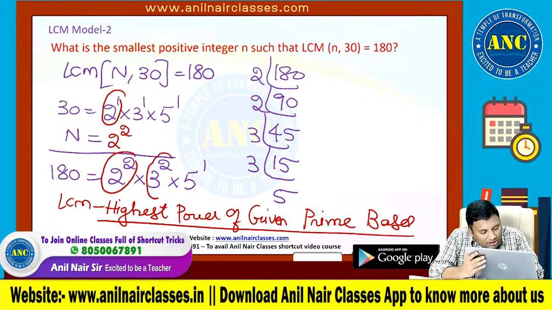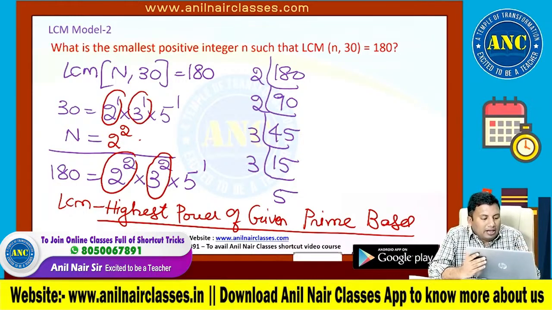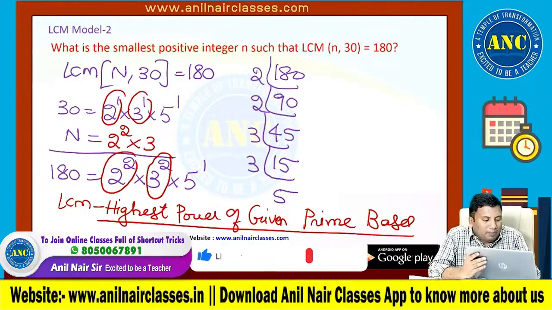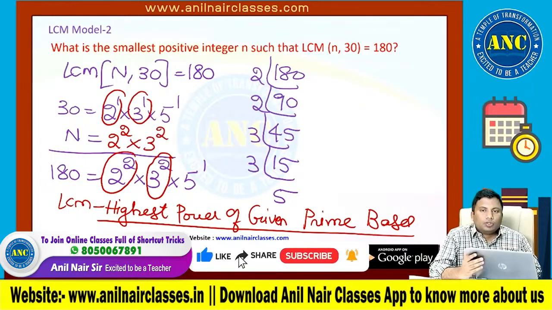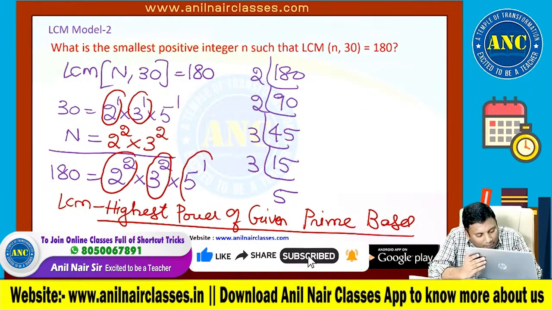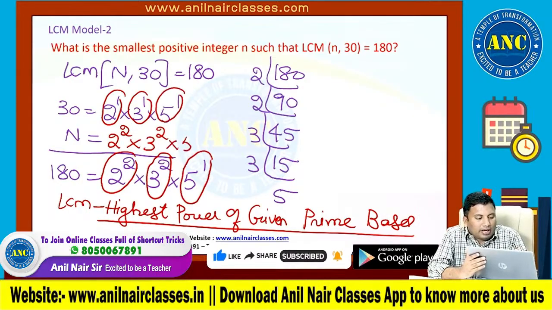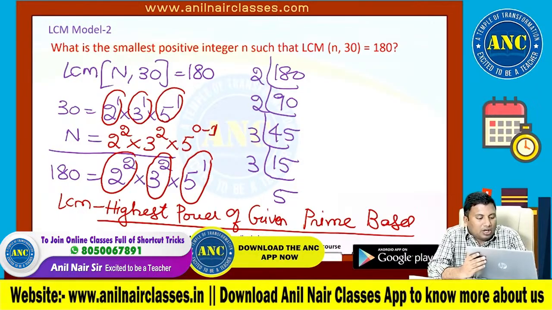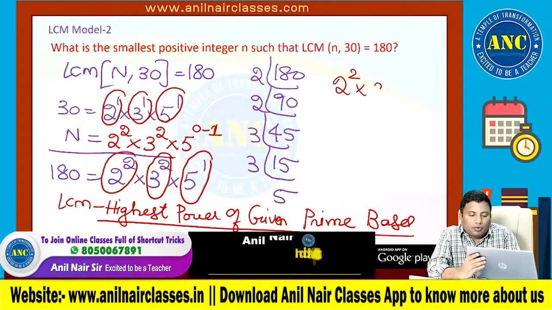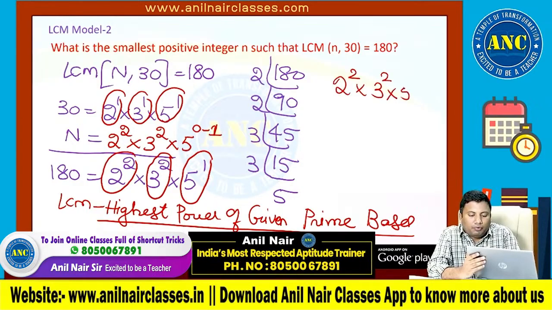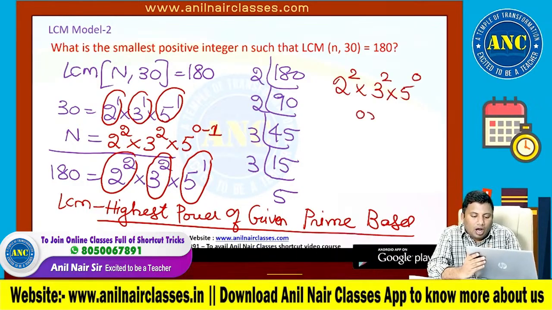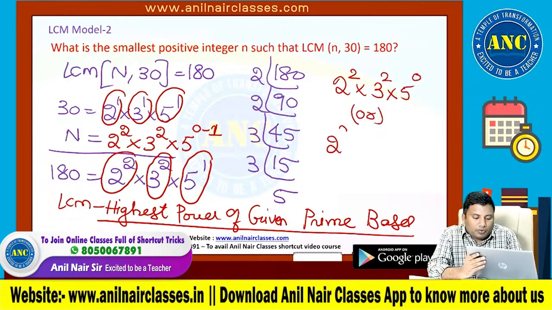Answer is 3 square, but it is 3 power 1, so definitely it should be 3 power 2. Answer is 5 power 1, it is already 5 power 1, so it can take 5 power 0 or 5 power 1. So 2 cases: 2 square into 3 square into 5 power 0, or 2 square into 3 square into 5 power 1.